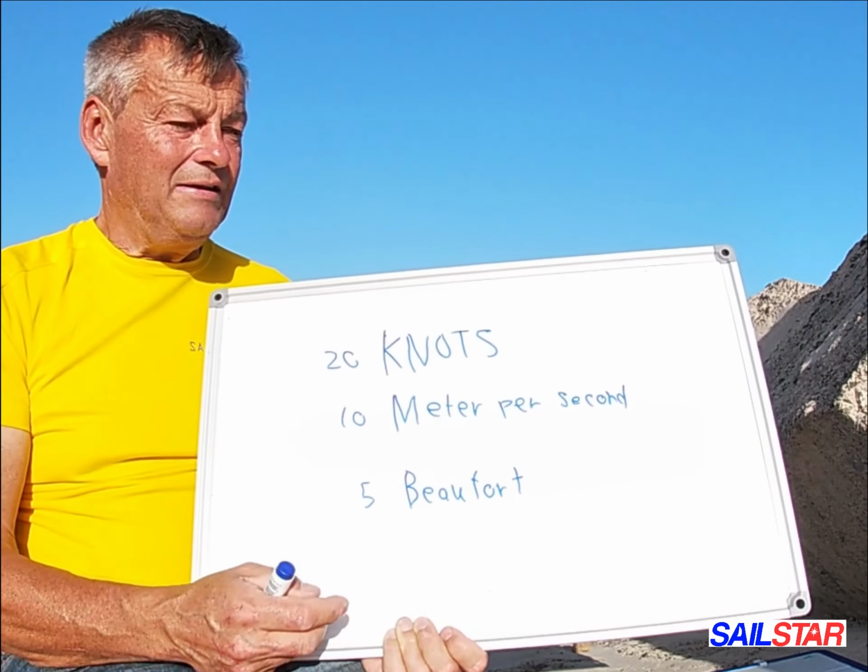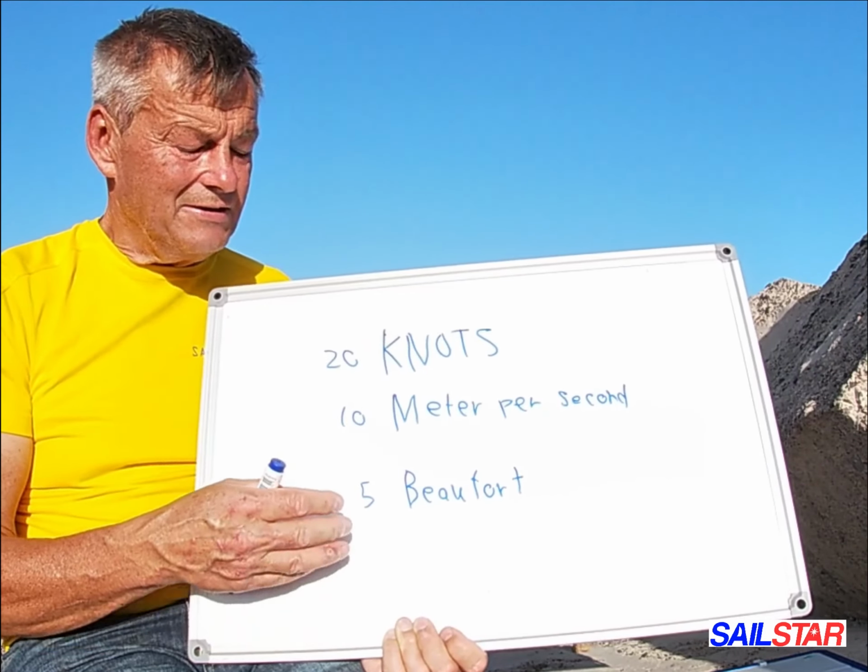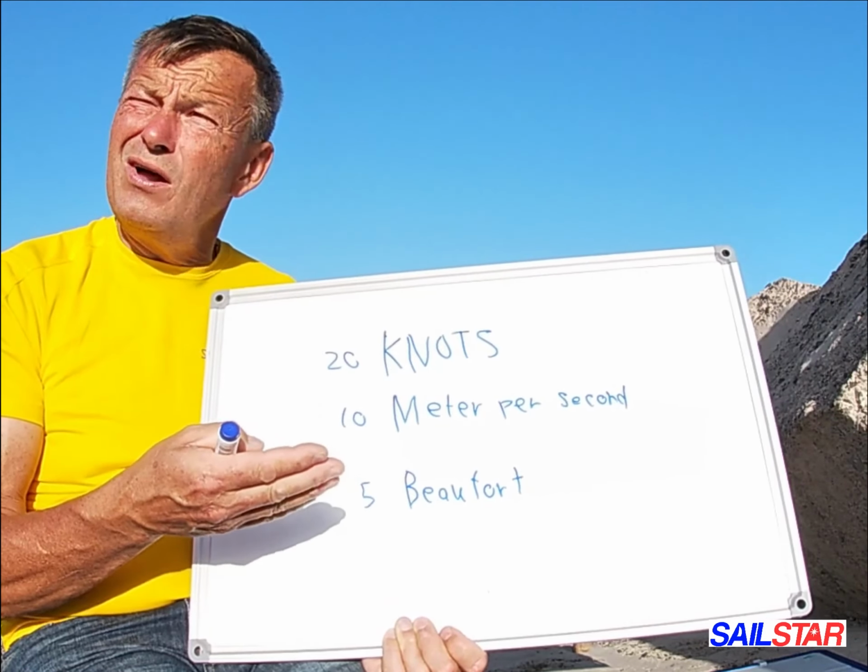And there are also a lot of different scales. You can look at the waves, for instance, and try to determine how much wind it is. If we have whitecaps on them, we usually say it might be like 14 knots, but that also depends on if it's a lake or an ocean, if it's long waves or short waves, or if it's shallow, so it's not that easy to judge.